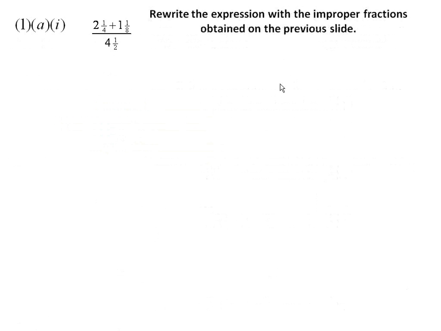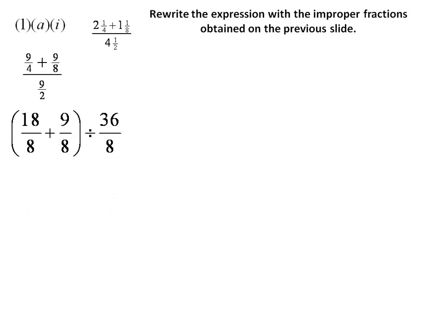The original problem, we have it right here, that we may make reference to it if necessary. Rewrite the expression with the improper fractions obtained on the previous slide. So there we have our improper fractions. What have we done?